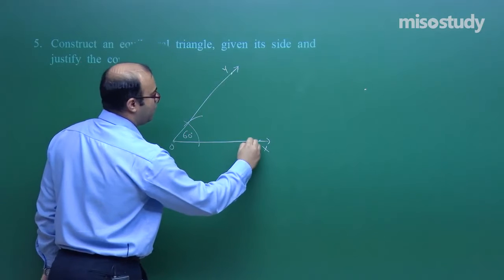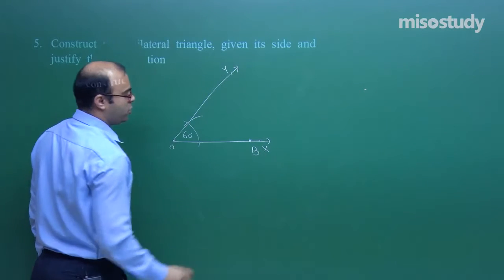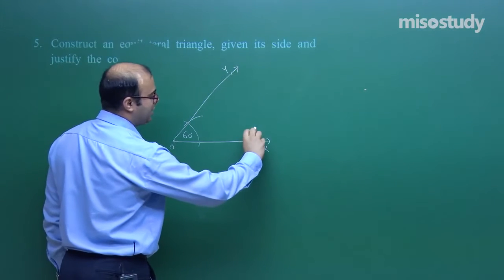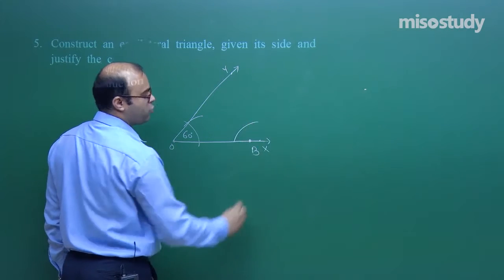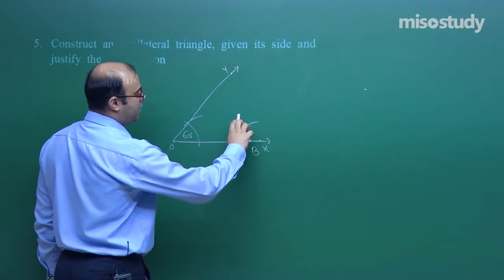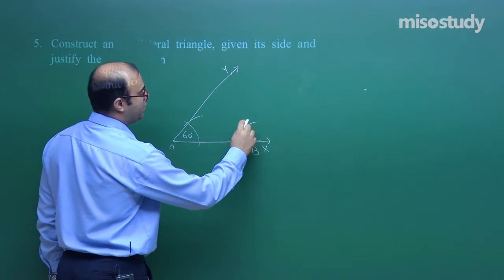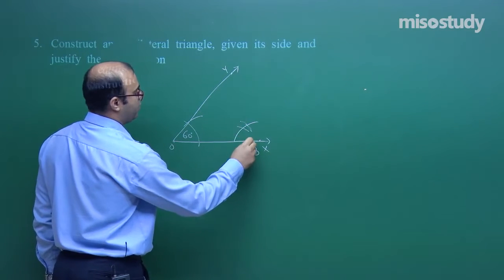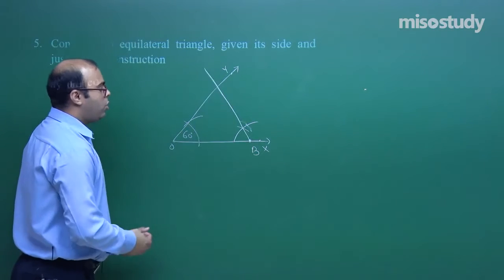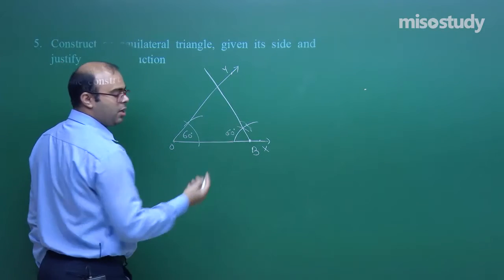From here let us take another point B suppose on this, and from here as the center and some radius, let us draw an arc. Then from this center and the same radius draw another arc, they will intersect at some point here. We will join them. So this is also 60 degree, same method we have used.